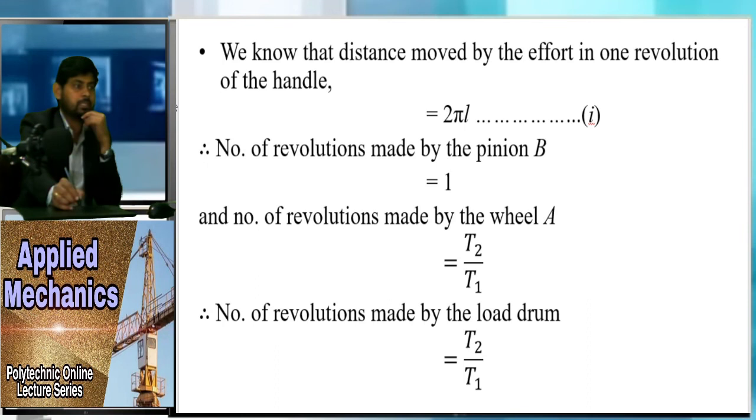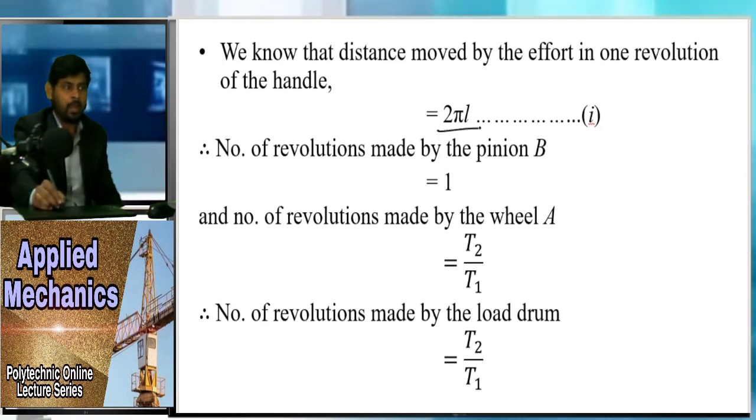Now you can see, we know that the distance moved by the effort in one revolution of the handle is 2 pi L. So this is your equation number 1. After that, the number of revolutions made by the pinion is 1 and the number of revolutions made by the wheel is T2 by T1.